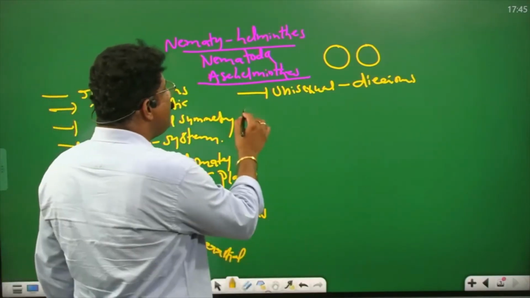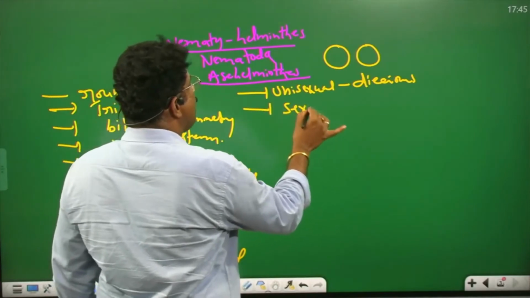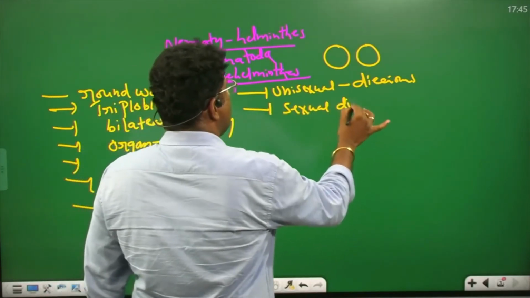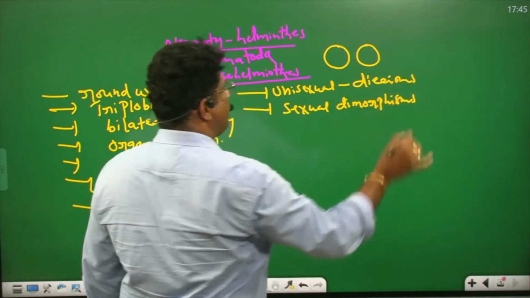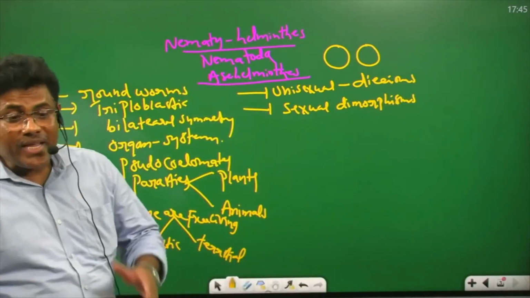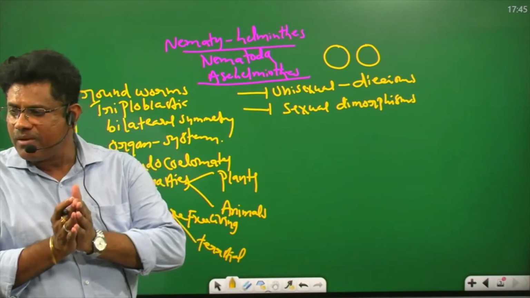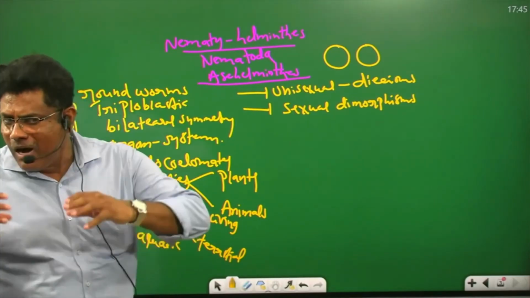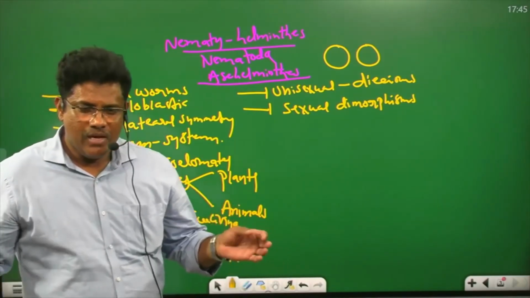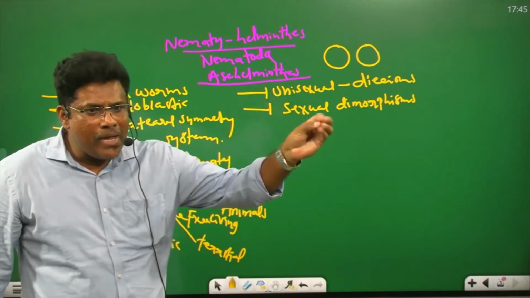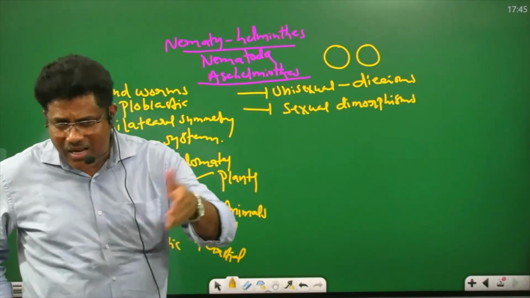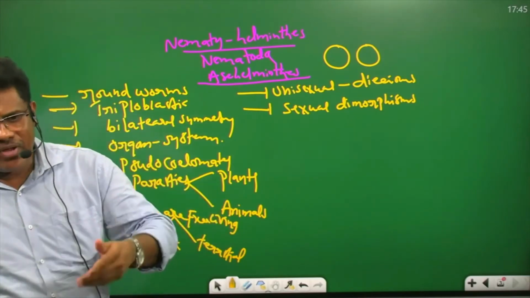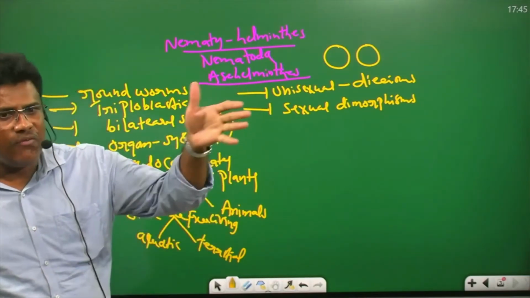They exhibit sexual dimorphism. What is the meaning of sexual dimorphism? With the help of external features, we can find out the male organism and female organism. Based on external characters, we can easily identify the male and female.